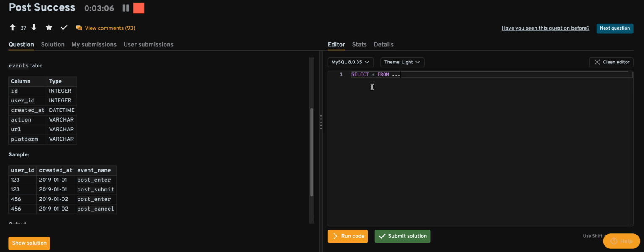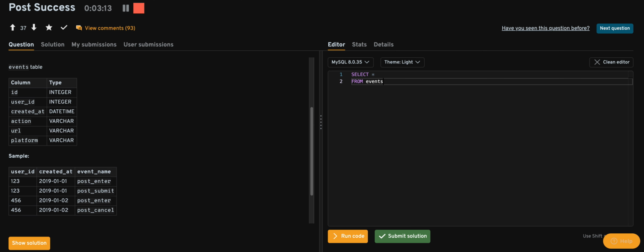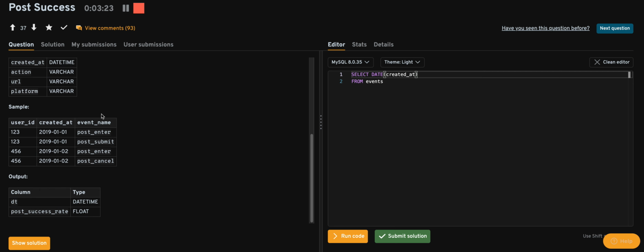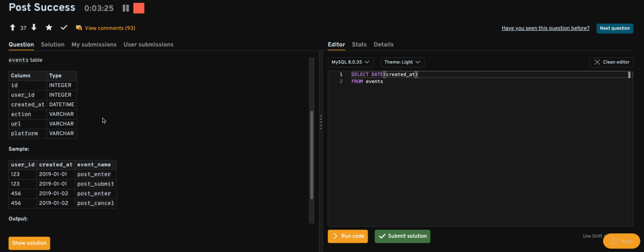In this situation we select from the events table. The first thing to do is to group by the day of the created at, so it should be as dt. So the output is dt, that's our day.